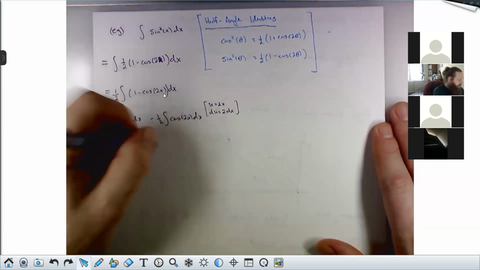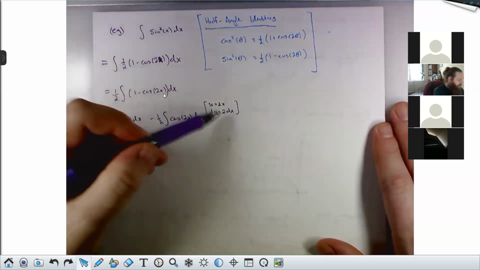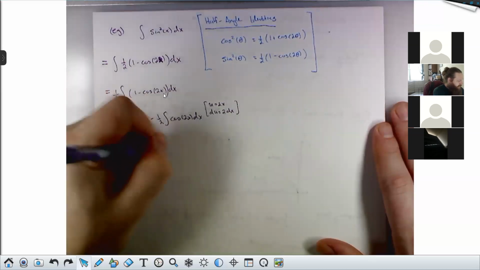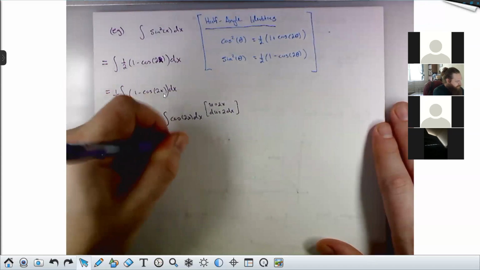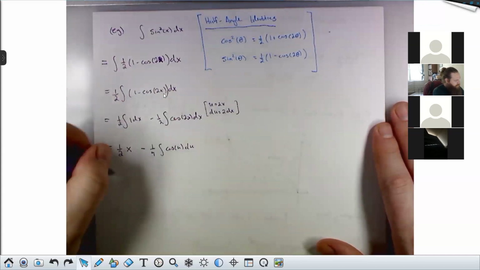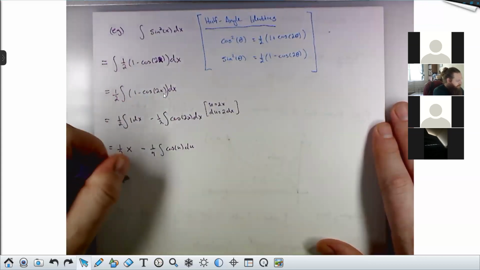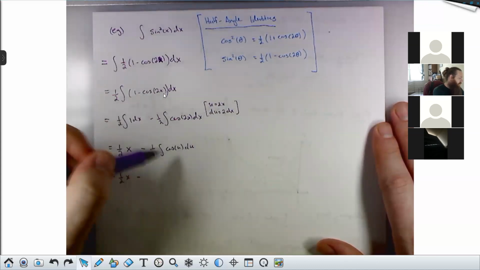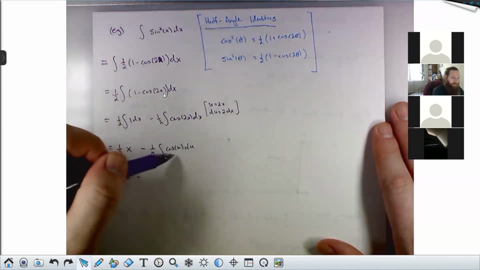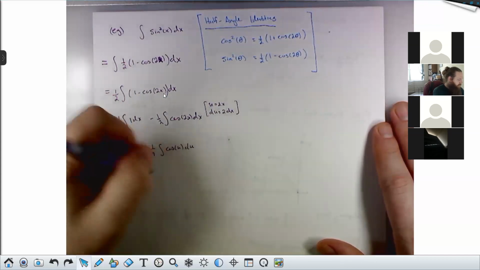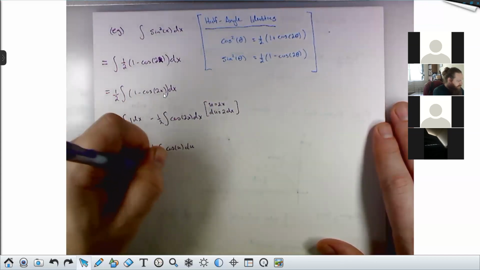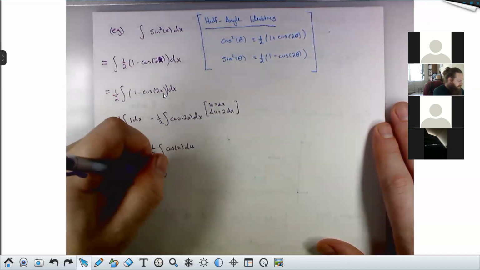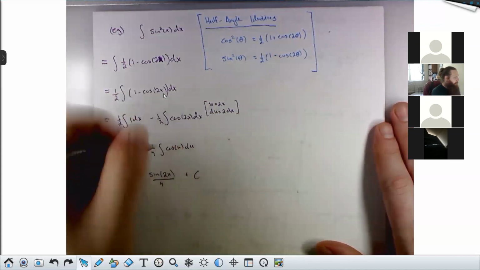And then here you'll have minus 1/4 from the substitution, integral cos u du. So that's 1/2 x minus, and the antiderivative for cos u is sine u, so this is going to be sine of u, which is 2x, over 4 plus c.